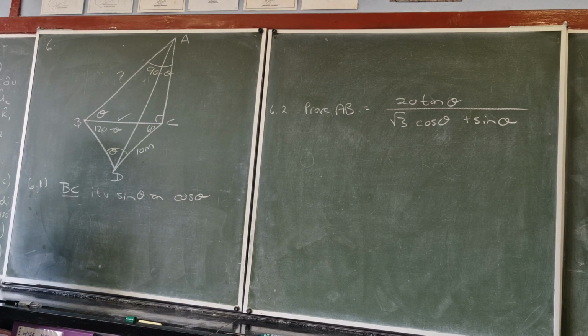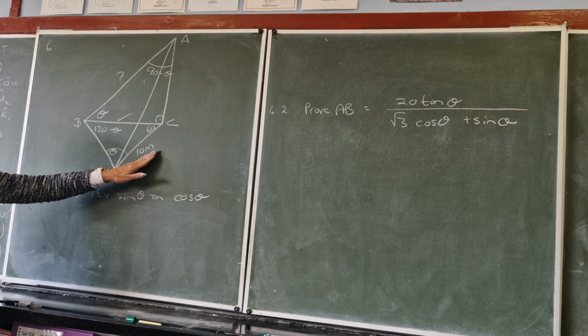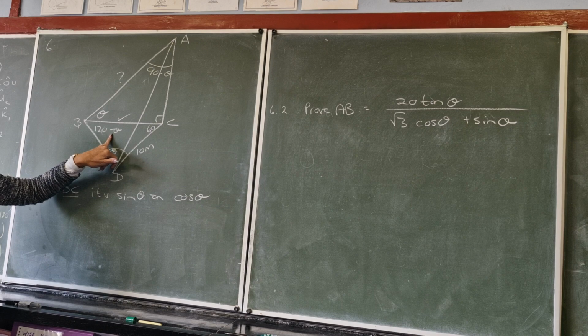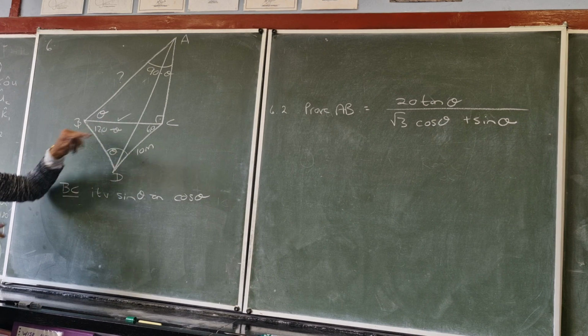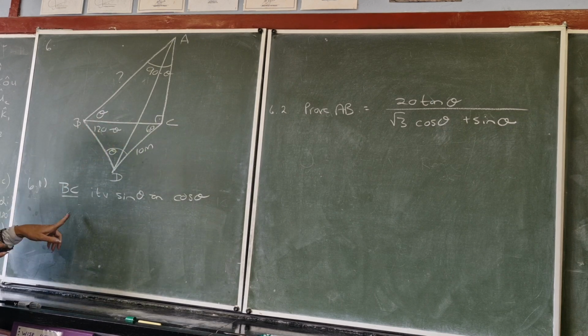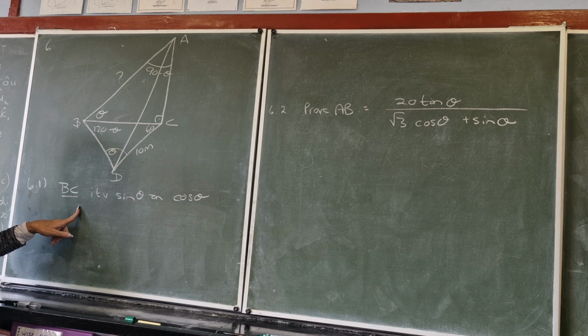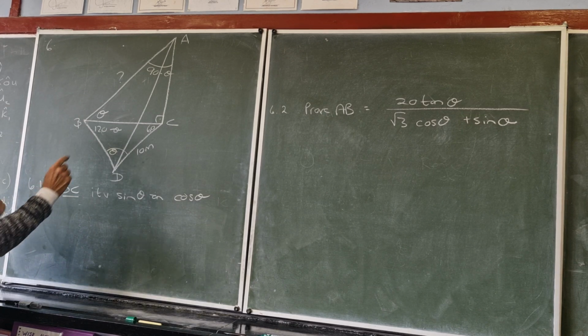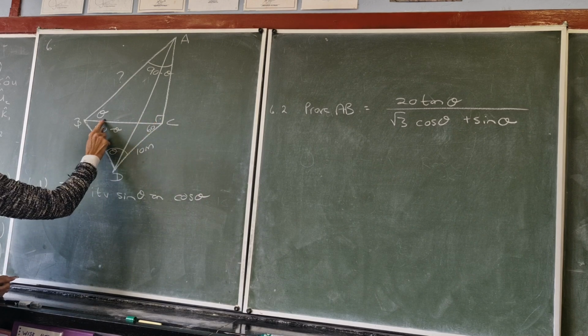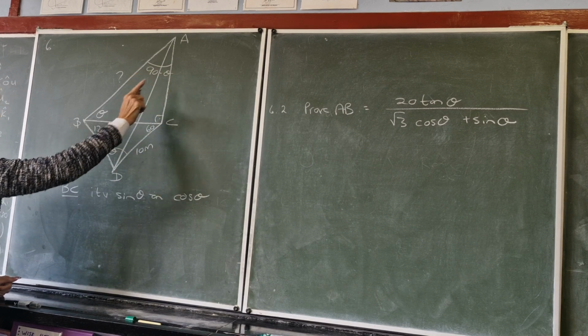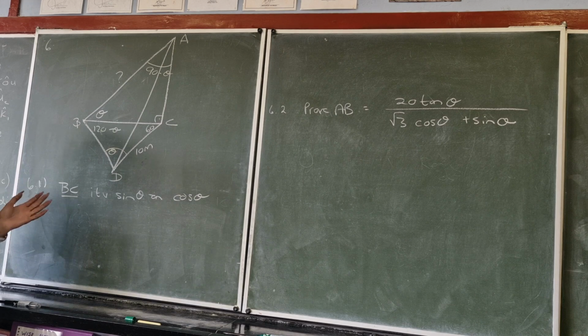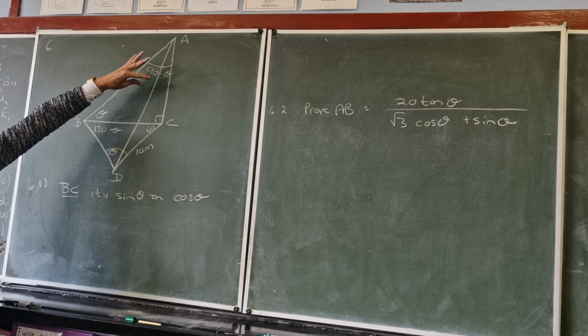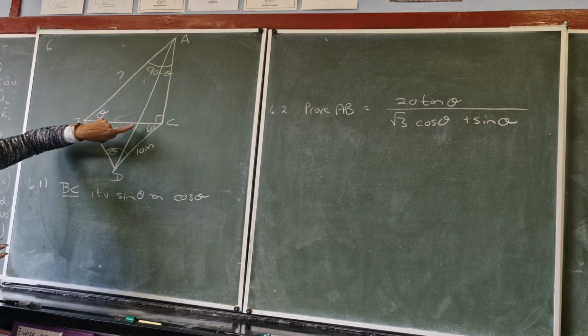Then they also gave me 10 meters. Okay, they did give me the 60, the 120 minus theta, the theta. They were asking me first of all to find BC in terms of. Now if you're looking at the sketch, I already did a little bit for you. If this is 90 and this is theta, first find all the angles, so that would be 90 minus theta. I'm working with that triangle there.